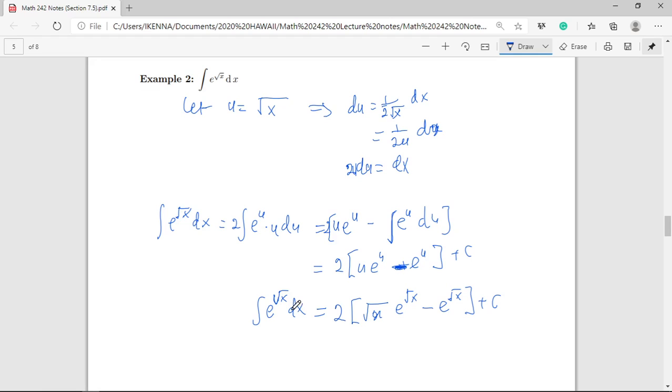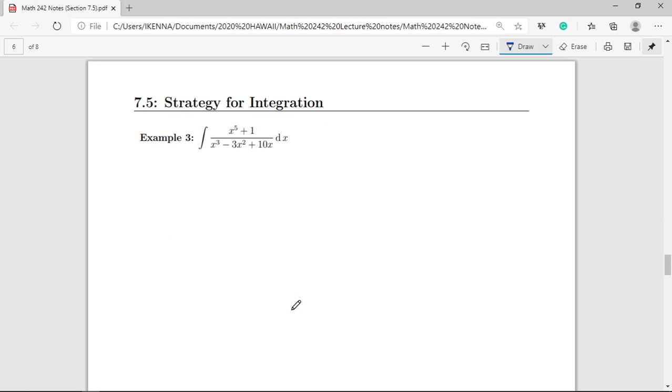Let's look at another example. Imagine we are asked to simplify this expression. How do we simplify or evaluate this integral? Well, the fraction is improper, so we decompose into partial fractions and then integrate.